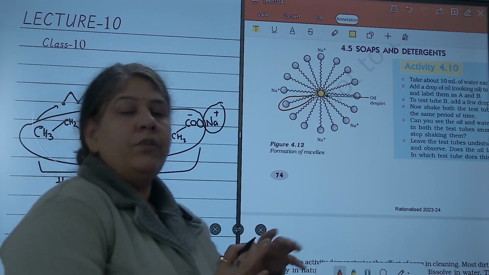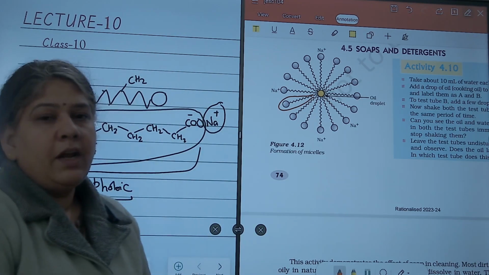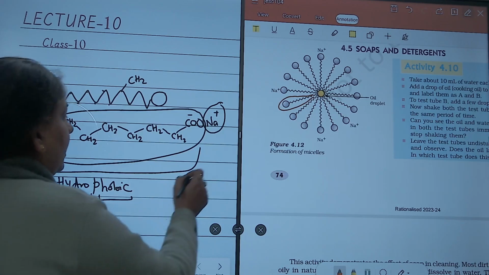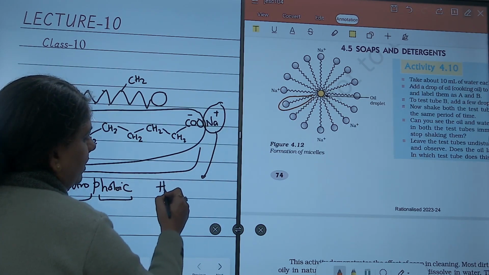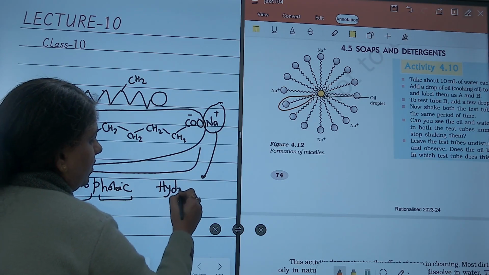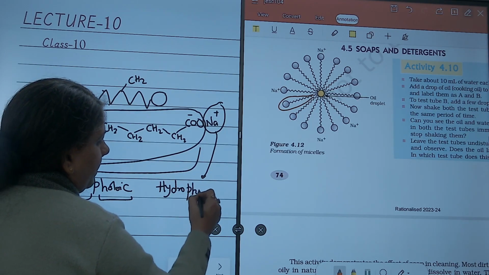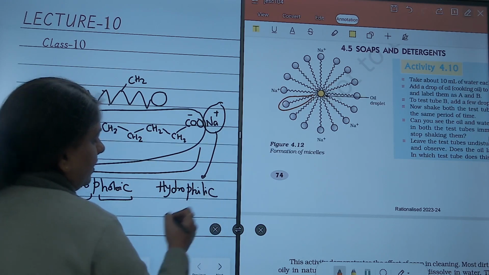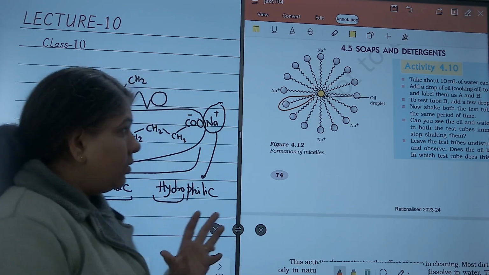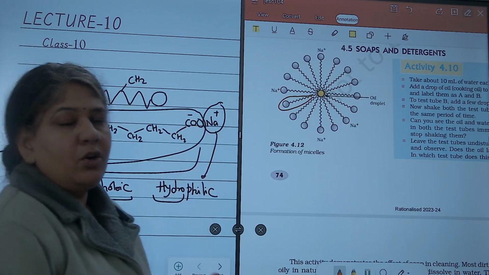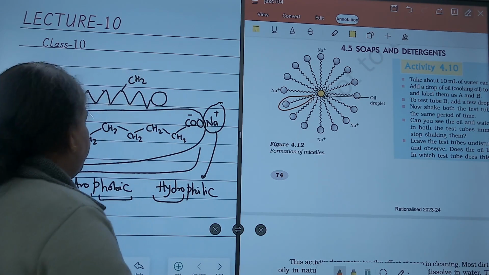So this part will try to remain away from the water. And this ionic part is called hydrophilic. Again, hydro means water, philic means love. So this part will tend to remain towards the water.